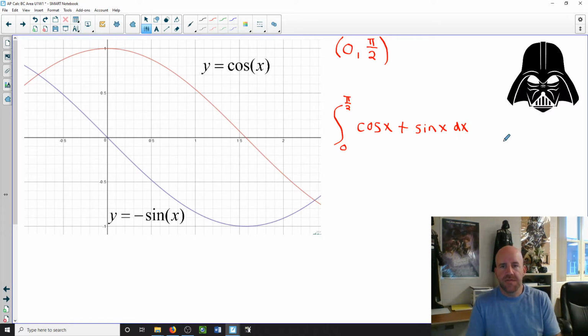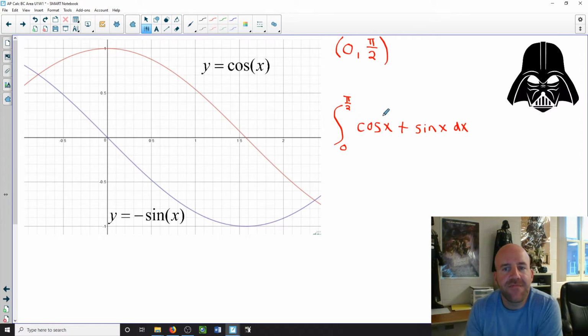Okay, so now we have to remember how to take the antiderivative of trig functions. So try to remember that if you take the derivative of sine, you're going to end up getting cosine. If you take the derivative of cosine, you end up getting a negative sine. So that should help us go backwards.